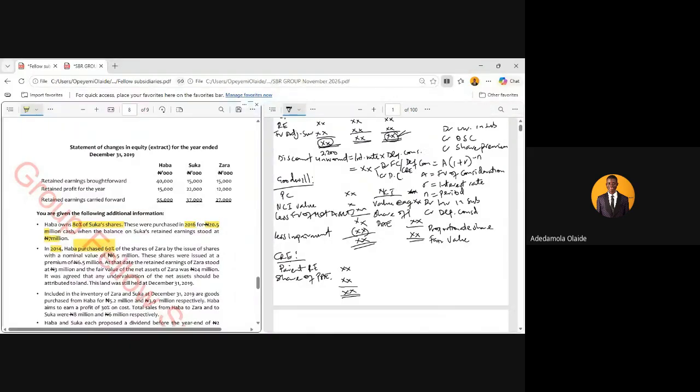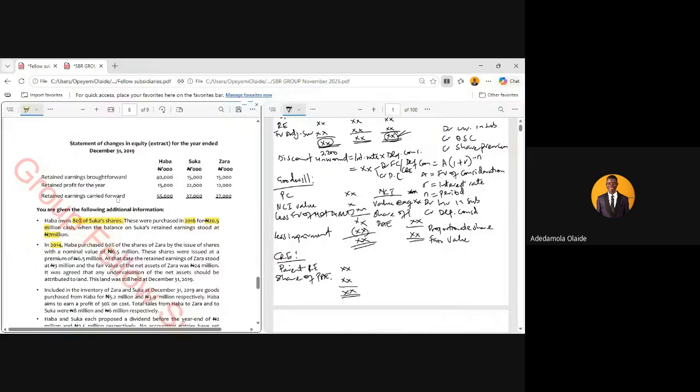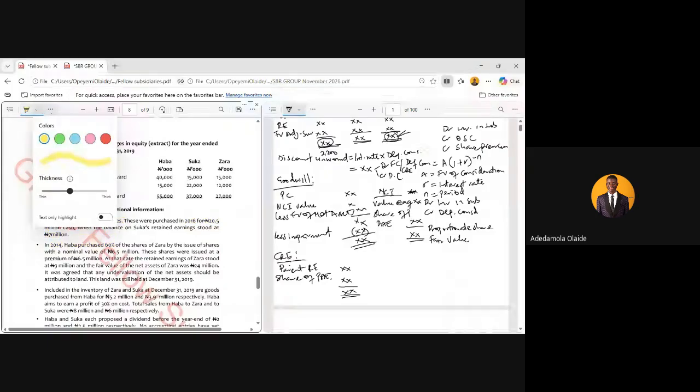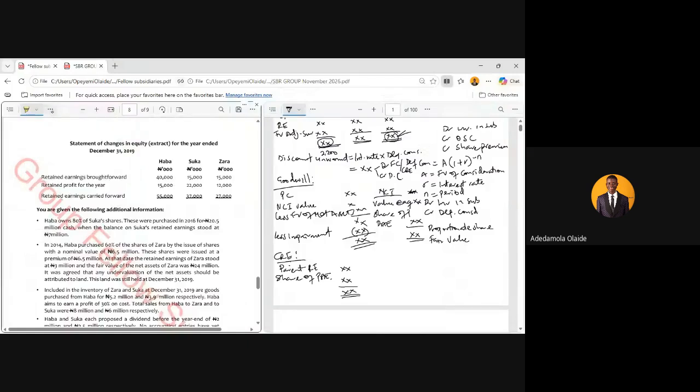Now, they said they acquired their interest in Zara by issuing shares that have a nominal value. By nominal value, we mean what? Sorry, let me use the pen. 80% purchased in 2016 for 20.5 million cash, retained earnings at 7 million.